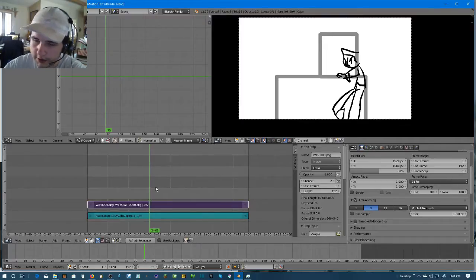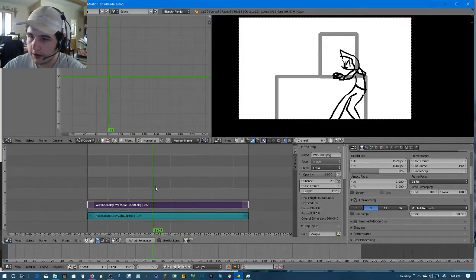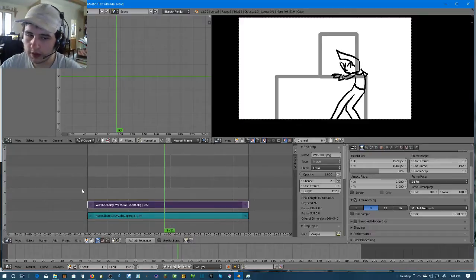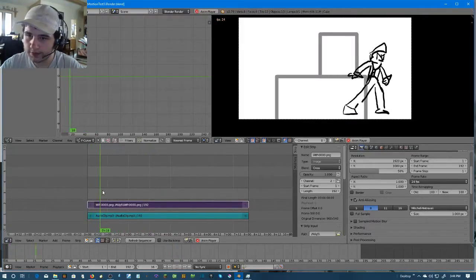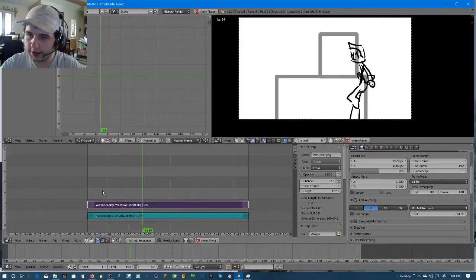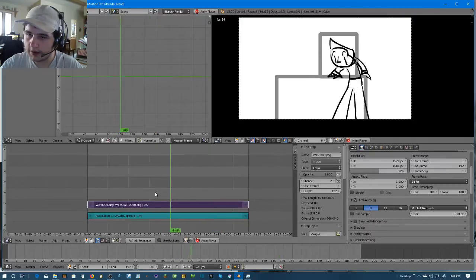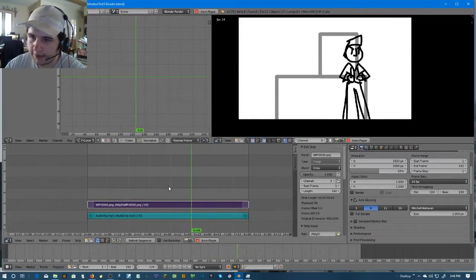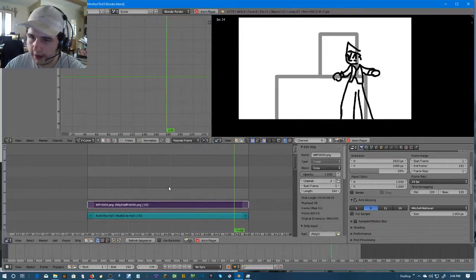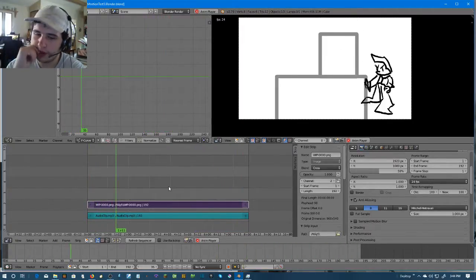Save for one frame there, there's a frame where it's weird. So I need to go in and weed out those frames. But otherwise, this actually looks really good. And I think the vest twisting works really well.